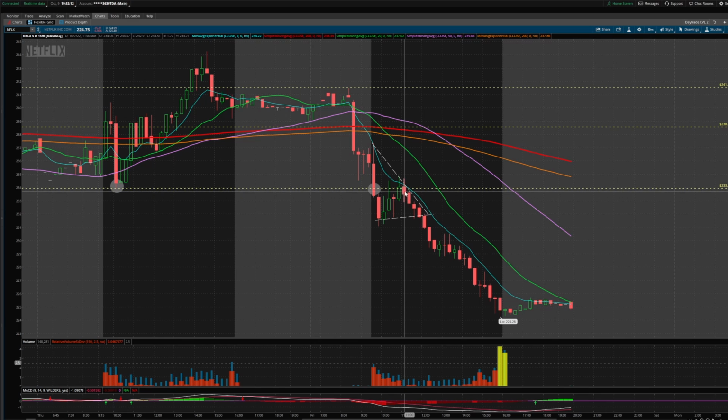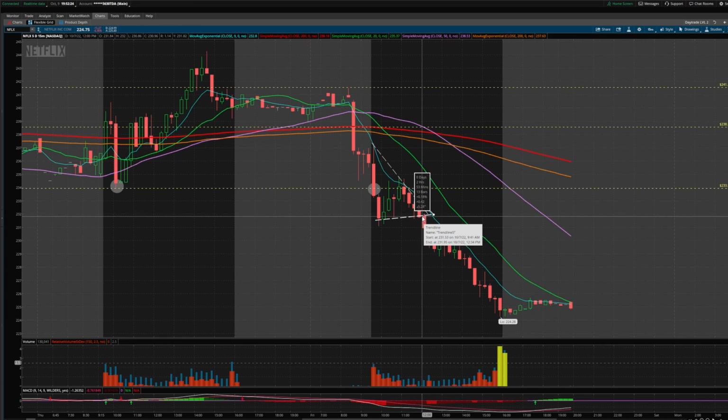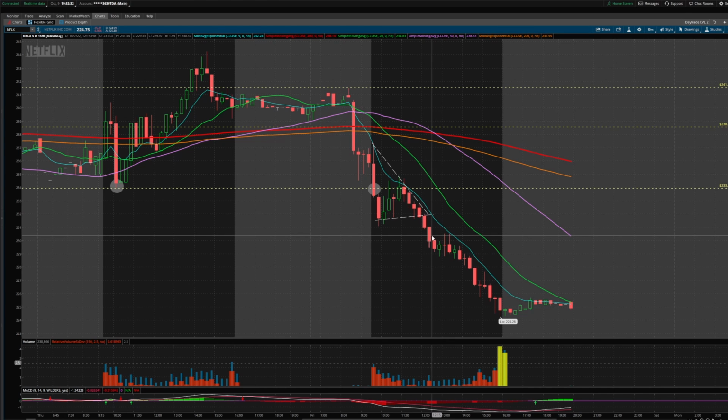I took it here at that red candle. I saw there was nowhere else for this to go. You just ride the 9 on this type of trade. So we took it here and it ended up going way lower. My target was 230, and around that time I hit 100% on those Netflix shorts.